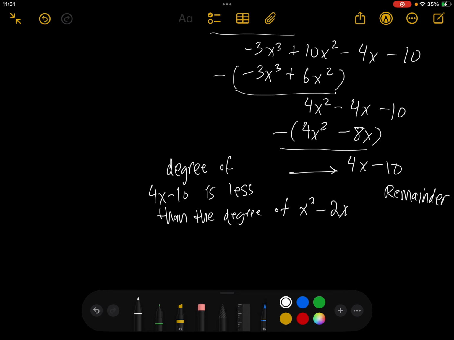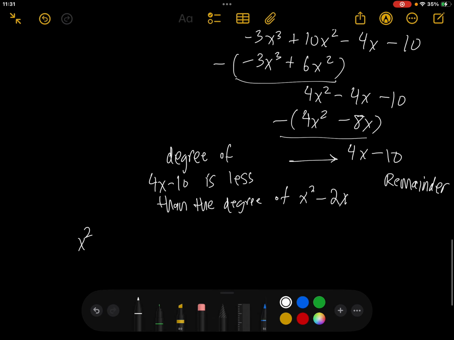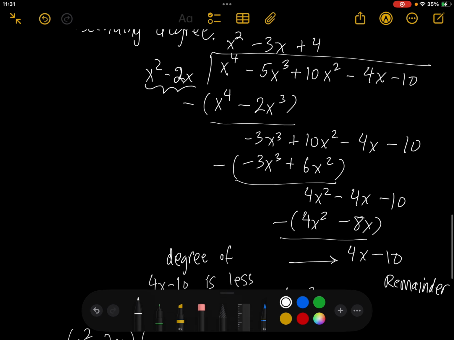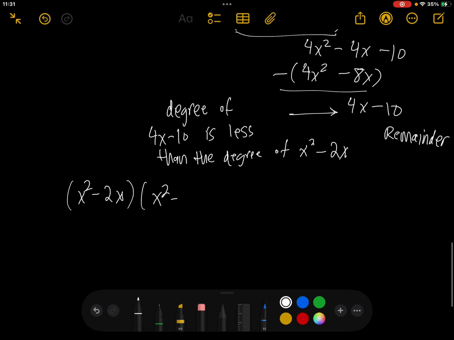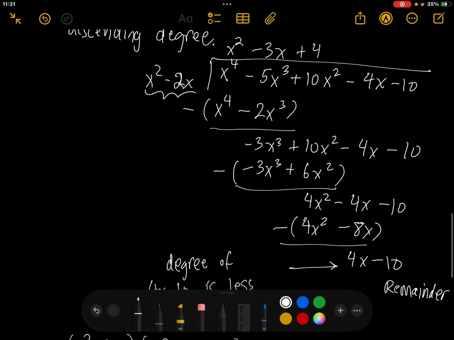So what I found is that if you take x squared minus 2x and multiply by x squared minus 3x plus 4, I almost get the original polynomial, the dividend.